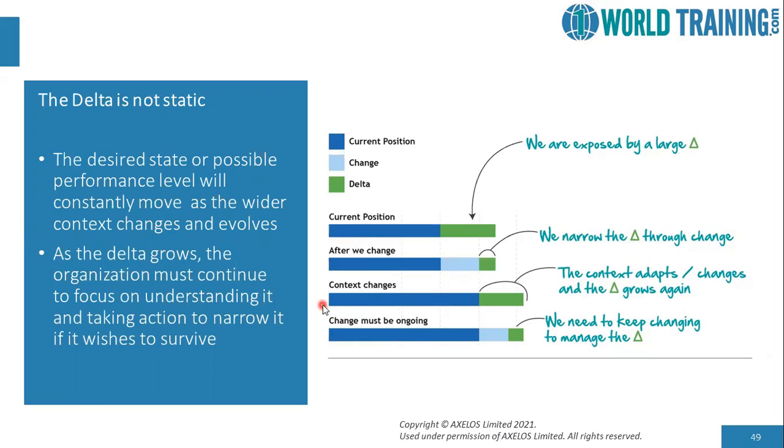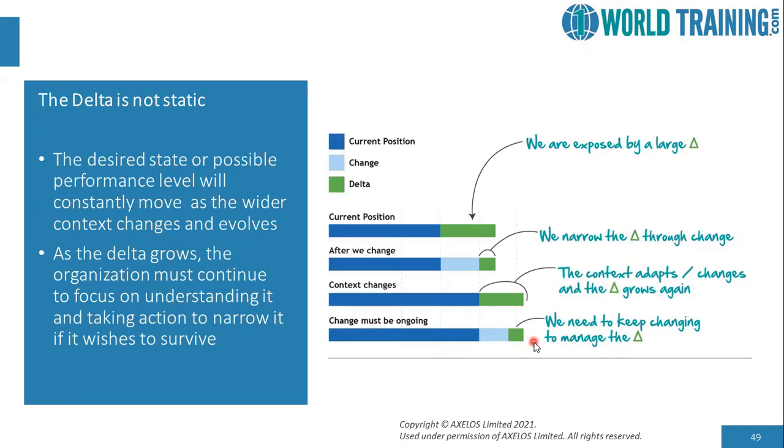Now, the situation changes in the environment of the organization, internal and external, more likely external, by which the gap is again created. So we see here the green bar is further extended, which means the context adapts or changes and the delta grows again, which means the organization must change continuously to continuously close the newer deltas which are coming up.